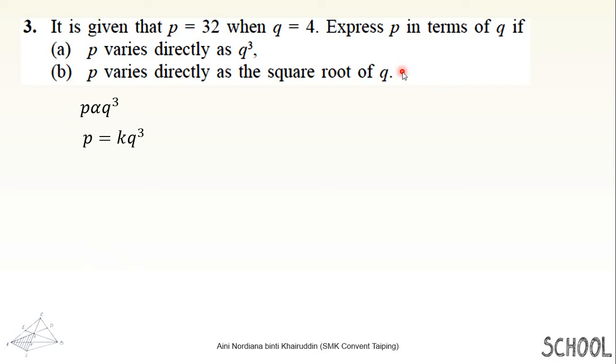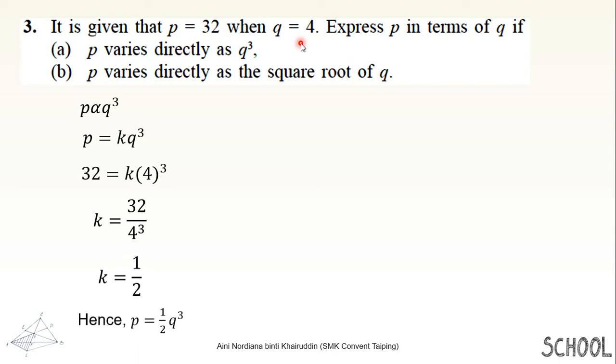P equals, don't forget to add the value of K. Then next step, you substitute the values of P and Q as given here. Then you get K. Once you get K, substitute into the equation. P equals K, substitute with 1 over 2.